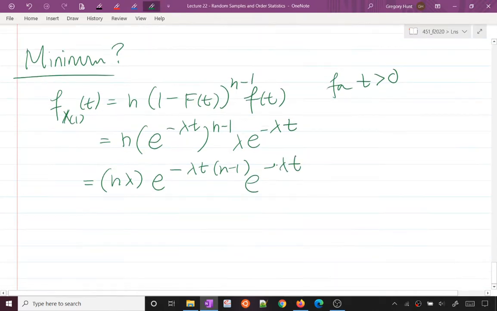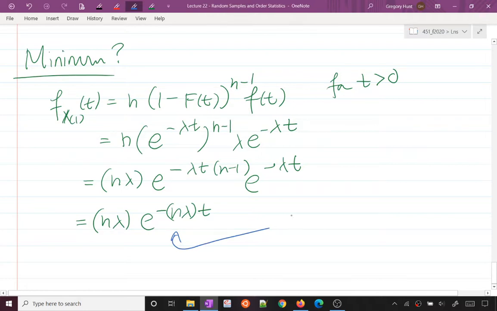Of course, the product of exponentials is the exponential of the sum. And so it's n minus 1 negative lambda t's plus another lambda t. So we could write it this way. I'm actually going to write it like this. It's n lambda times e to the negative n lambda t. No prevalent reason, just some algebra.